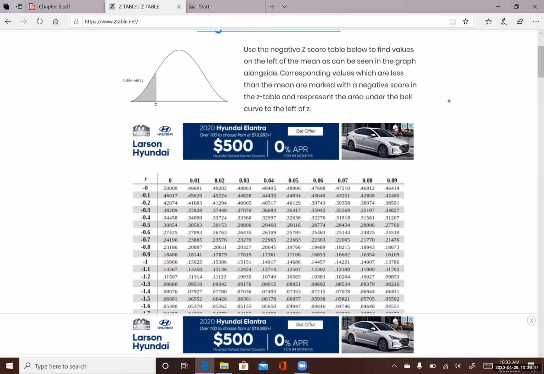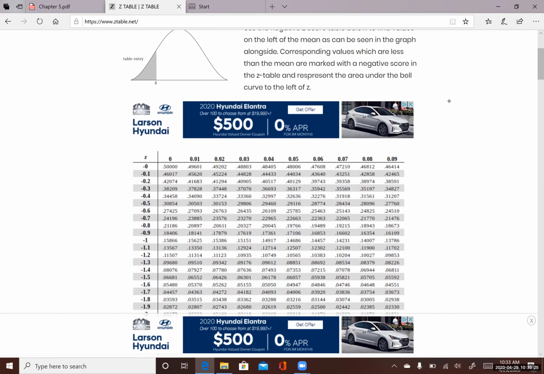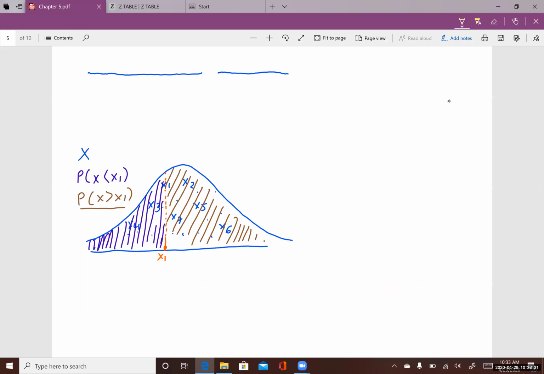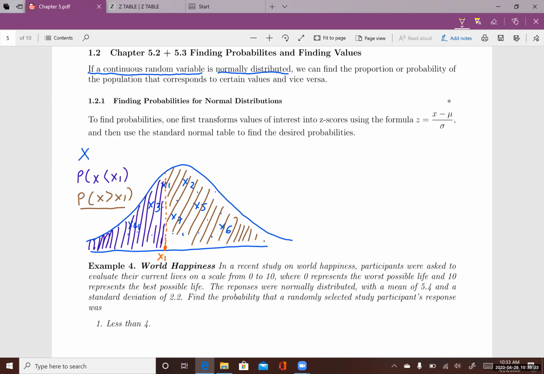Once you find the probability to the left, you can find the probability to the right by taking 1 minus the probability to the left. And Z score is a standard score for any value in the normal distribution.